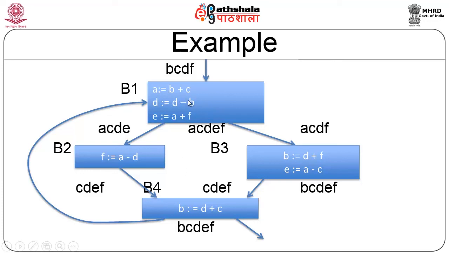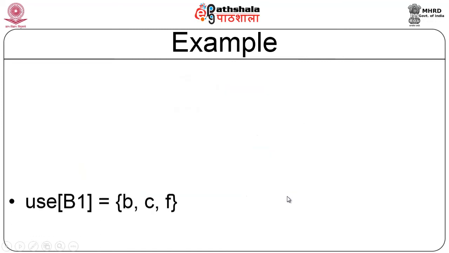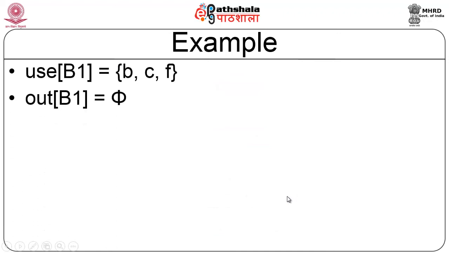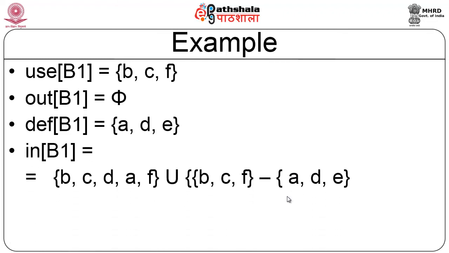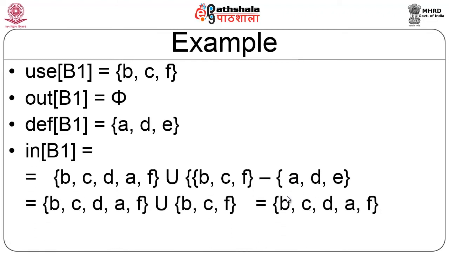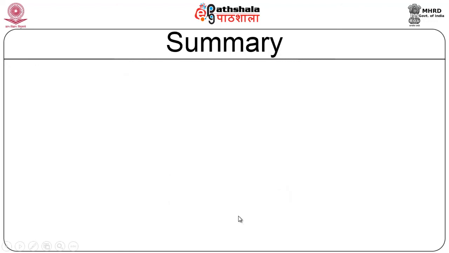So based on this I can compute the out as A, C, D, E, F, where A, C, D, E could go here and A, C, D, F could go here. So use of B1 is B, C, F, definition is A, D, E, and in of B1 is B, C, D, A, F. Again based upon this in, I have to compute the out, and that will be used for further computation.